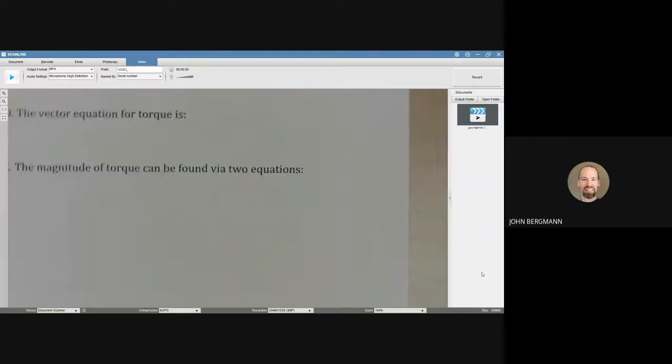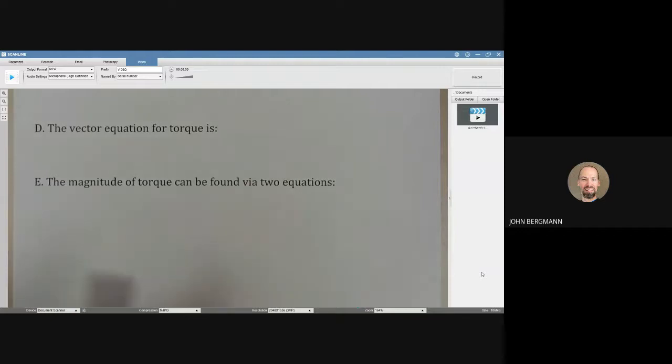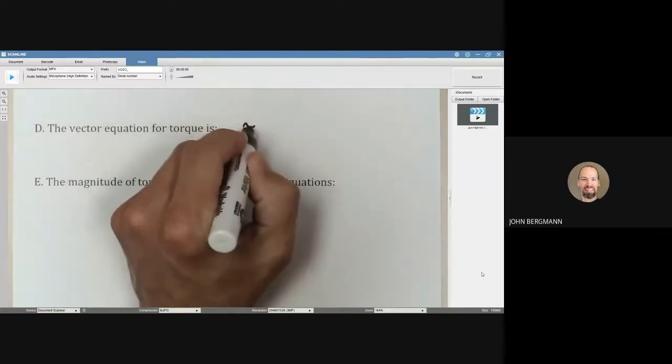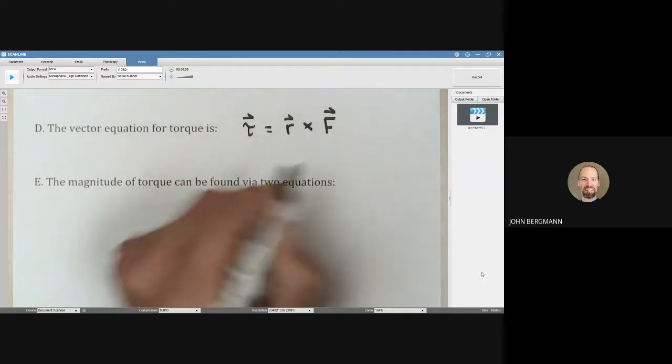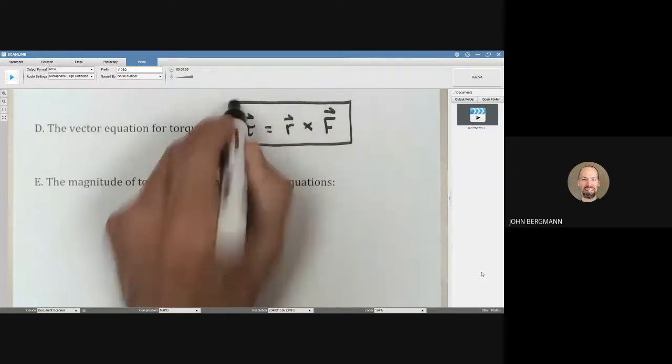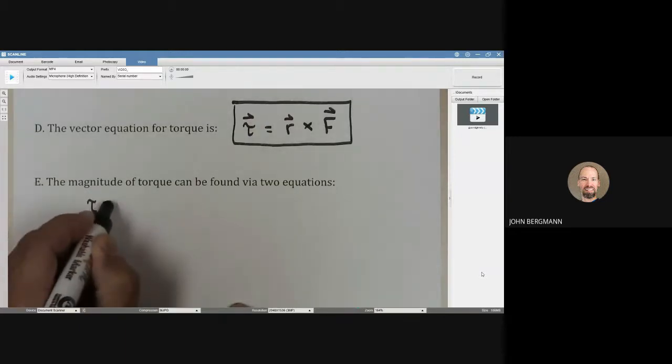The vector equation for torque, and we'll actually use this later on in a video, is r cross F. And we'll define some of these terms here in just a minute. For the magnitude of torque, there are several equations you can use.